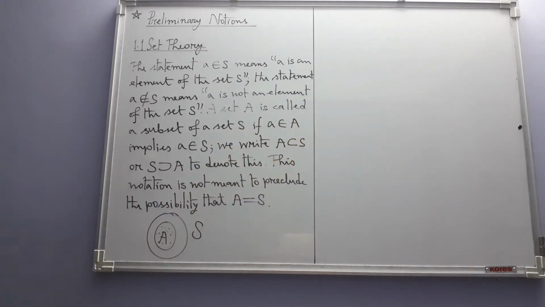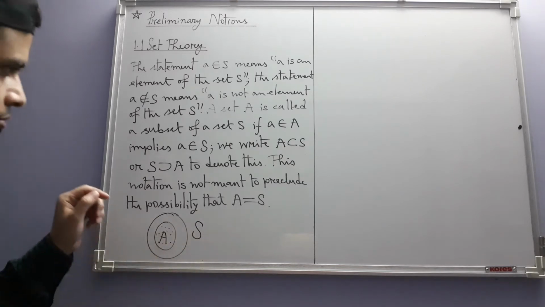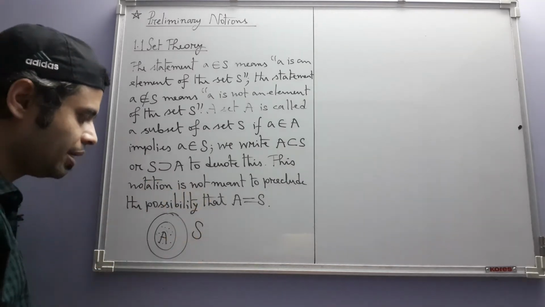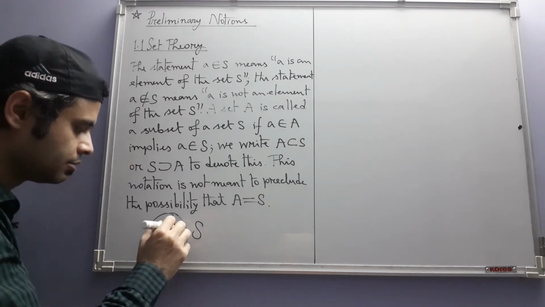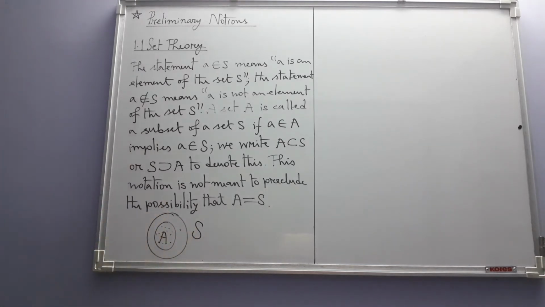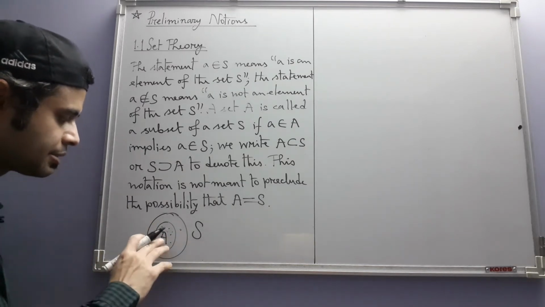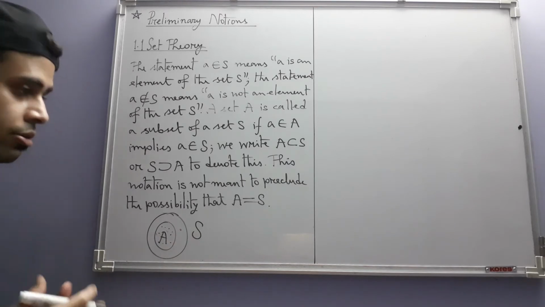If this happens, then we say that capital A is a subset of capital S. Now it may or may not happen that there is an element in capital S which is not in A. If that is the case, then clearly you can see that A and S are not the same set.